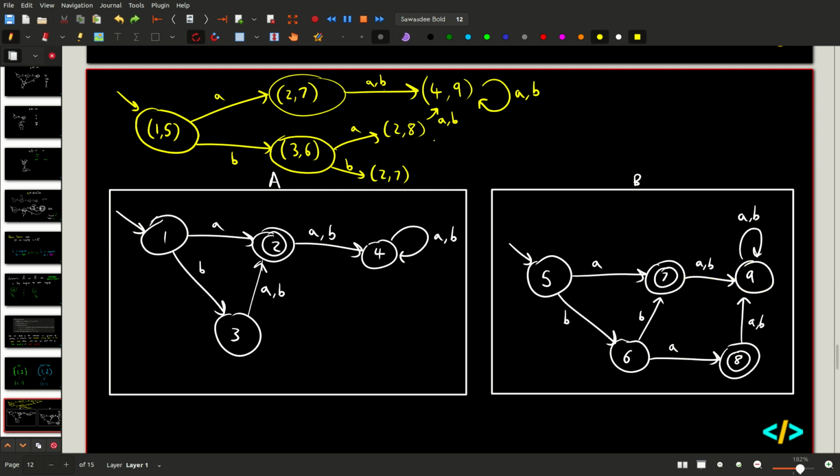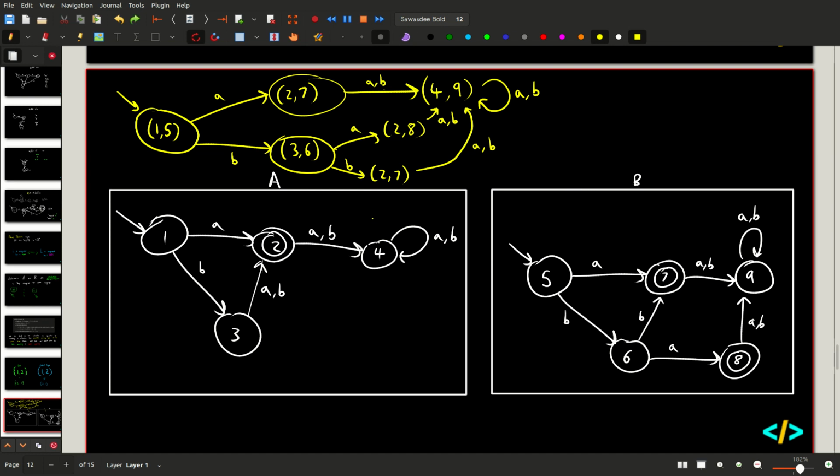Okay, finishing off, from 2, 7, an input of A would take us to 4, 9, and an input of B would also take us to 4, 9. Okay, so this is our total DFA, simulating running A and B at the same time.